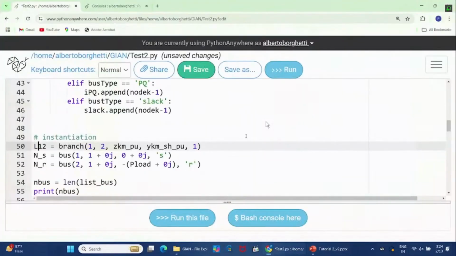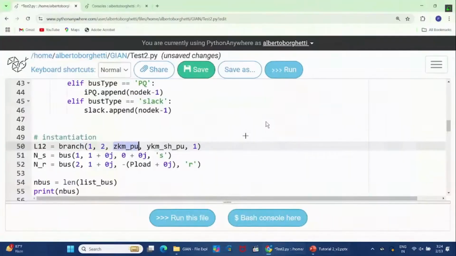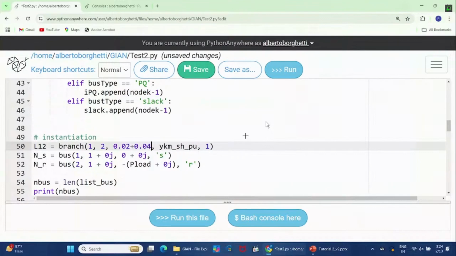So branch between 1 and 2, and then the impedance is 0.02 plus, and then 0.04. I'm missing something. I'm missing J, because 0.04 is the reactive part, the imaginary part of the impedance.